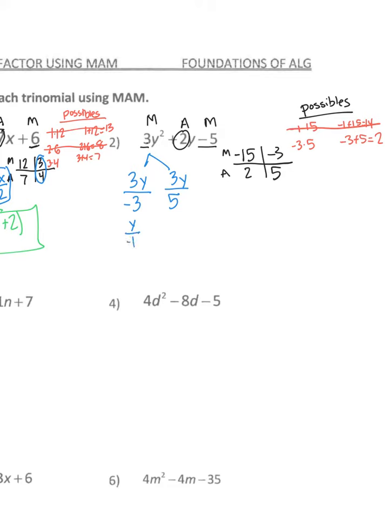And this fraction, 3y over 5, we can't simplify that, so these are my two simplified fractions. When I rewrite those, I've got y minus 1, and I've got 3y plus 5.